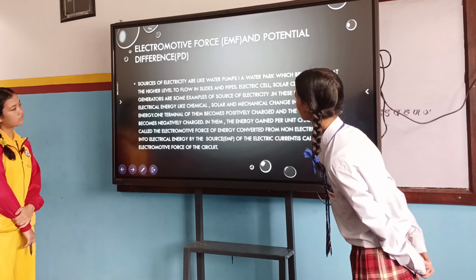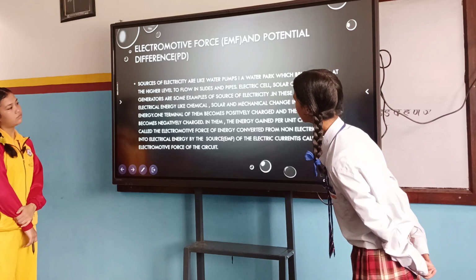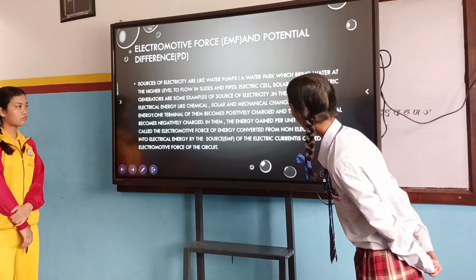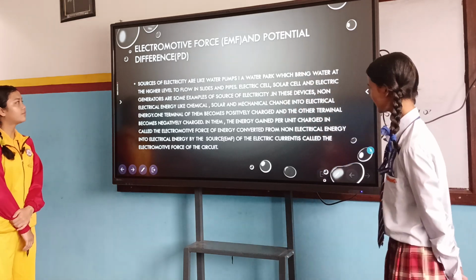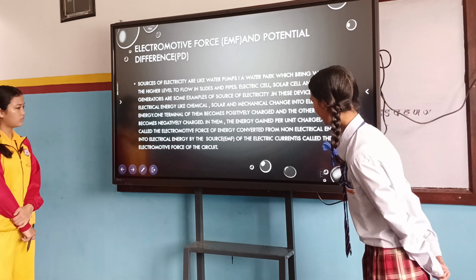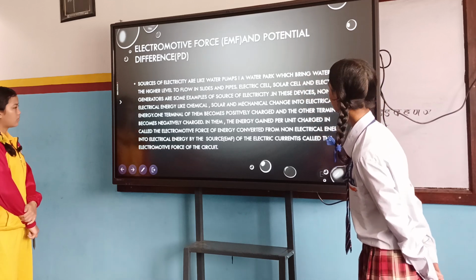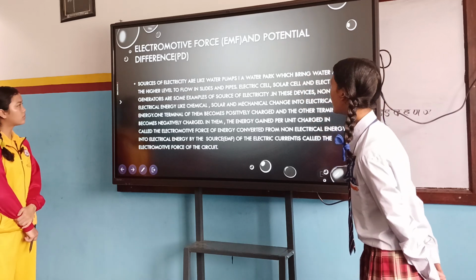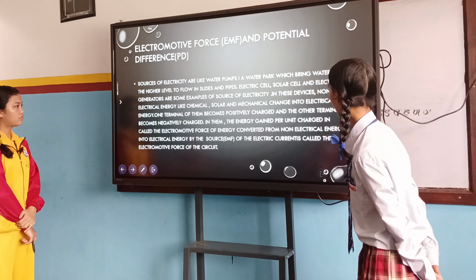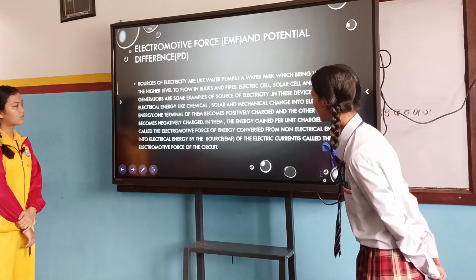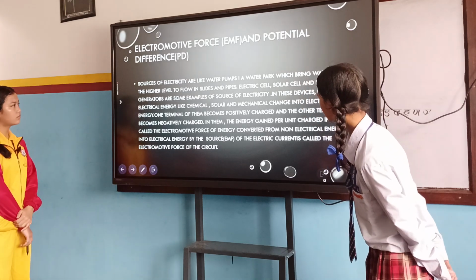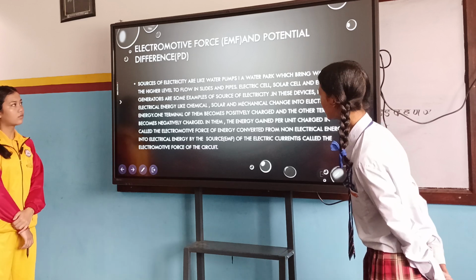Basically, electromotive force sources are the main sources used in our daily life. We can also define it as the negative and positive charge forces, the energy gained per unit charge in the cell.